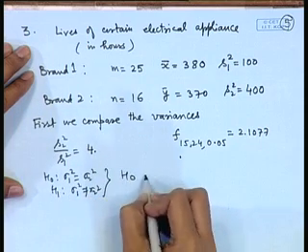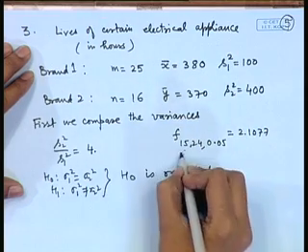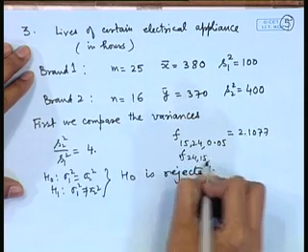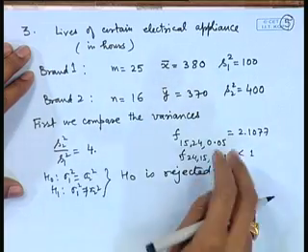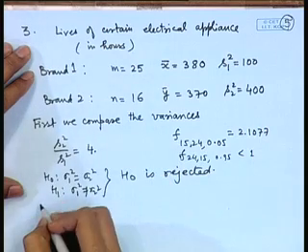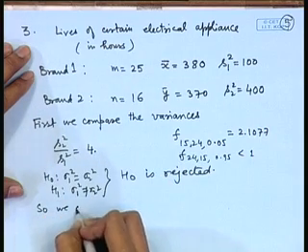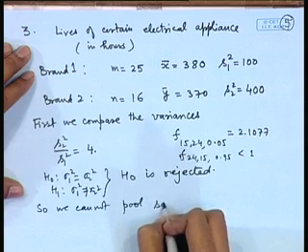So, here H naught is rejected, because if I consider F 24, 15, 0.95, that is going to be less than 1. So, naturally this is falling into this region, so H naught is rejected. So, we cannot pool sample variances.